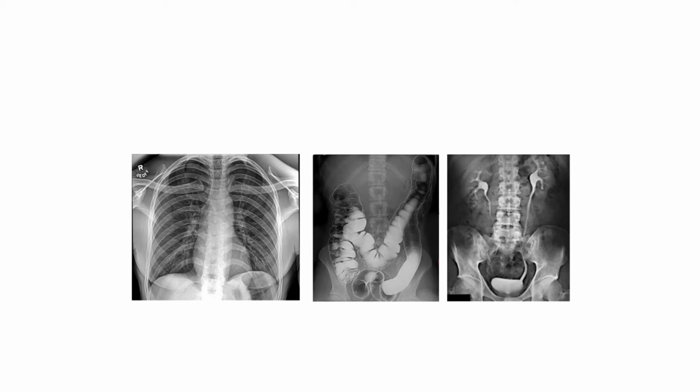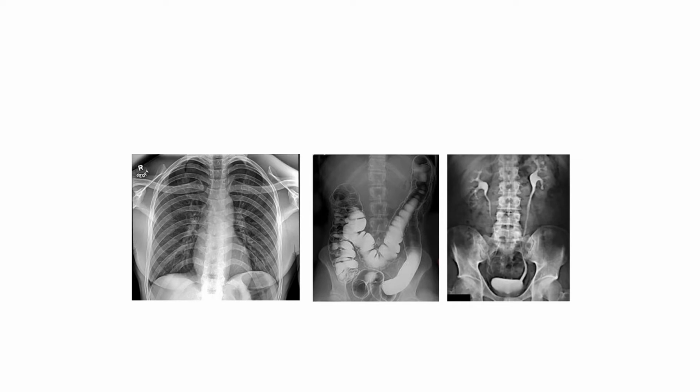On your screens you can see 3 different skyagrams of 3 different regions in the body. On the leftmost side you can see the skyagram of thoracic cage, in the center the abdominal cavity, and on the right side the skyagram again of the abdominal cavity with the pelvic cavity. The leftmost skyagram showing the thoracic cage is an example of plain skyagram.